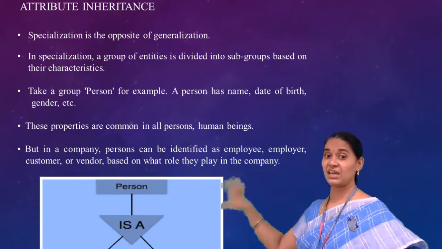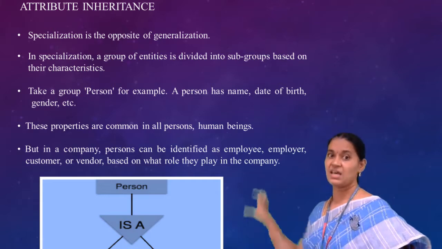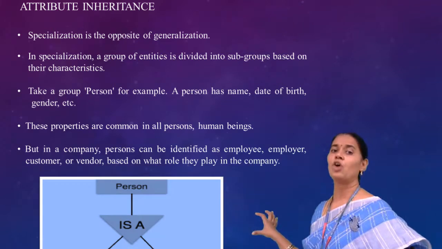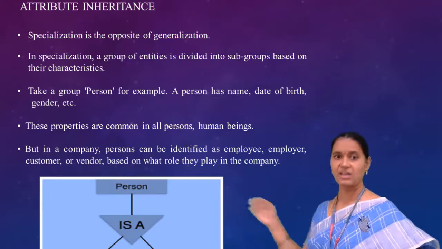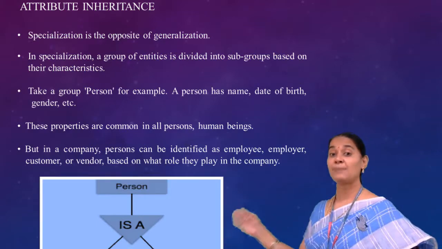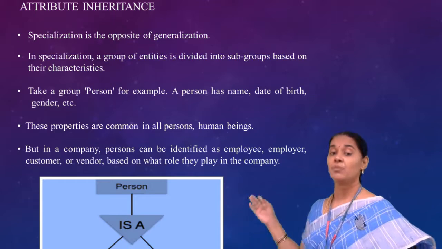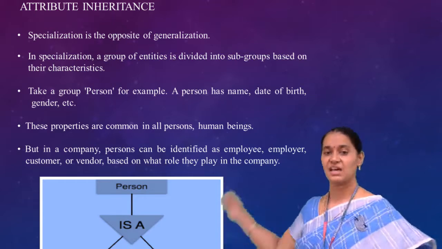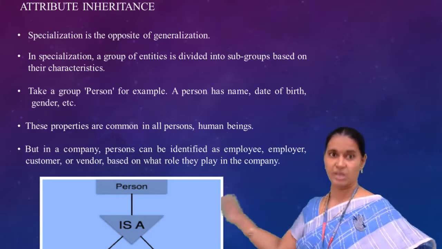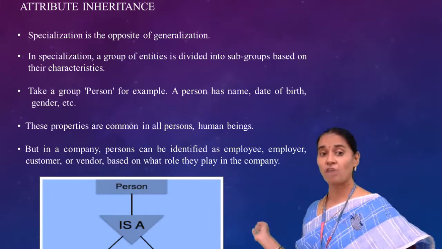Here the persons are again divided into various categories. The person is identified as an employee, employer, customer or vendor, based on the type of job he performs in the company.